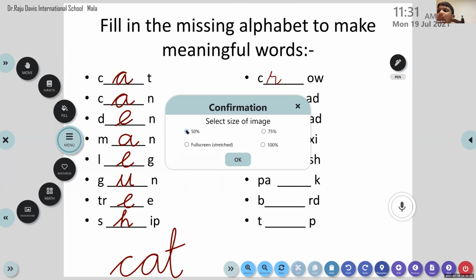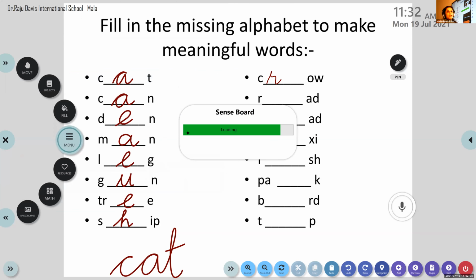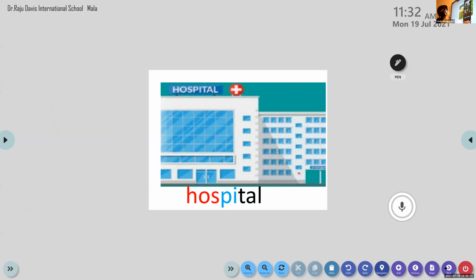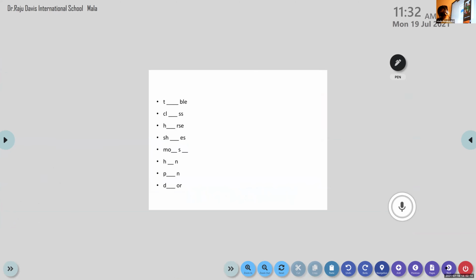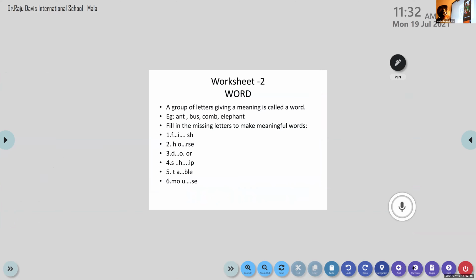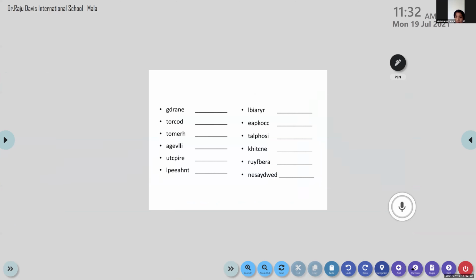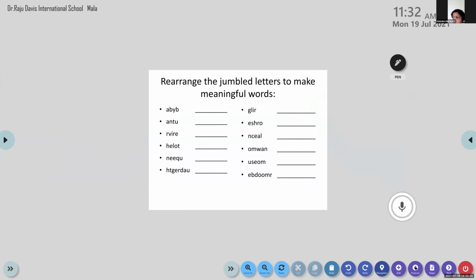Children, these answer keys are also being sent. This is just a revision session. So all of you, please have a look at it. Ma'am, please send the notes.